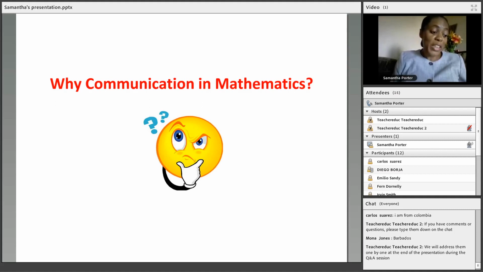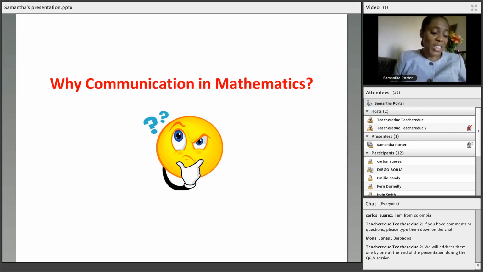Not only should students be involved in talking, but writing as well. When students engage in writing about mathematics, this can help them to consolidate their thinking. When we write our thoughts, we normally will be required to reflect on our work and clarify our thoughts about the ideas that we are developing.